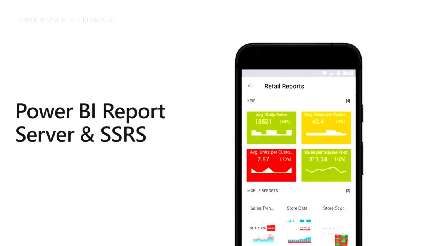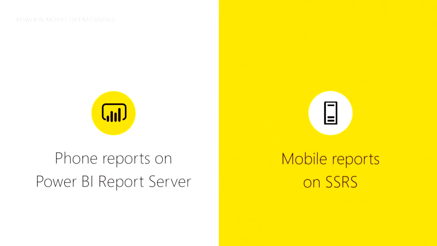Another thing that we have on the Power BI apps is that they basically serve as the front end for SSRS and for Power BI Report Server that was just recently released. So up to now we had the mobile reports coming from SSRS.